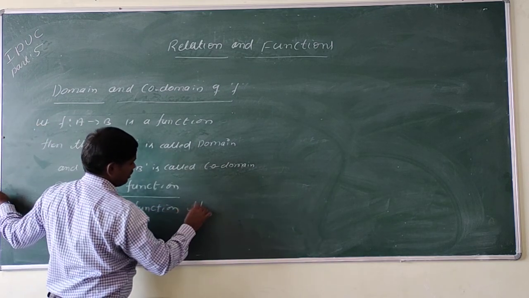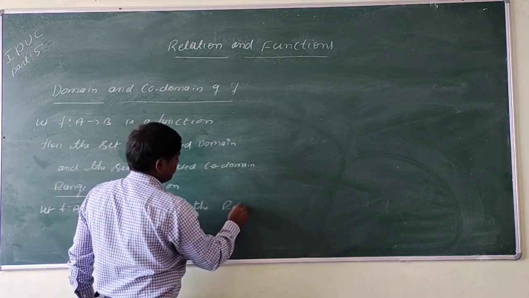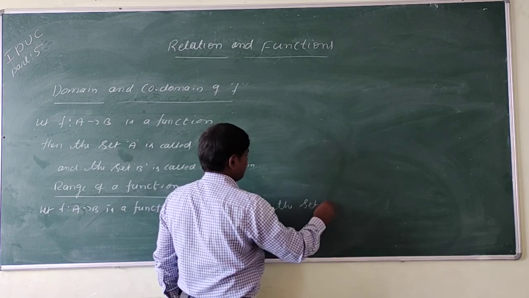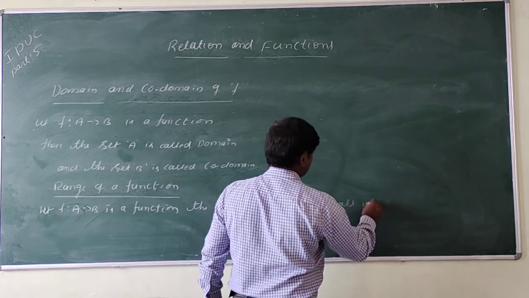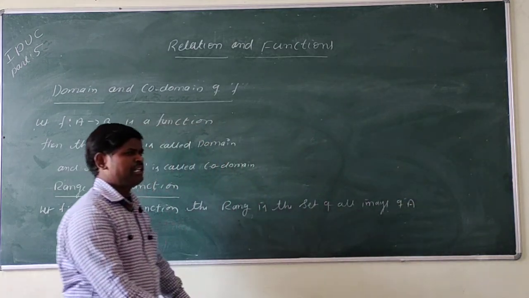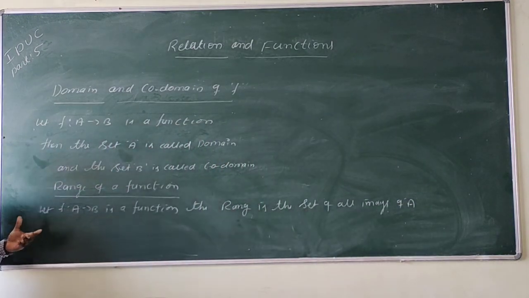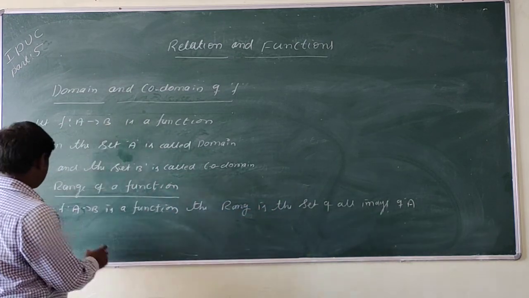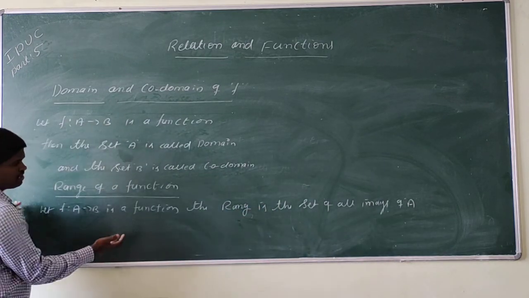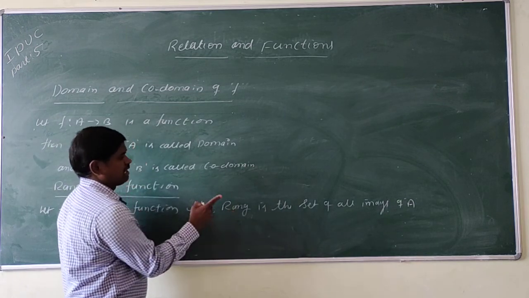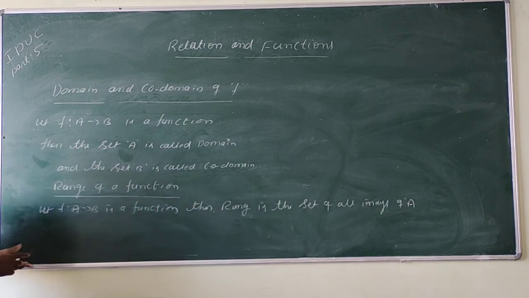Then range is the set of all images of A. So range is a set. It consists of elements which are images of A.